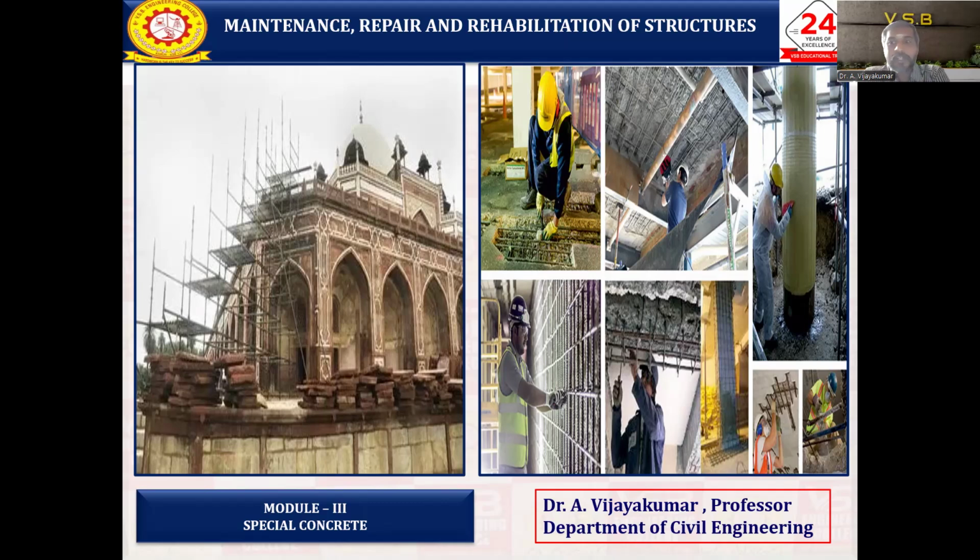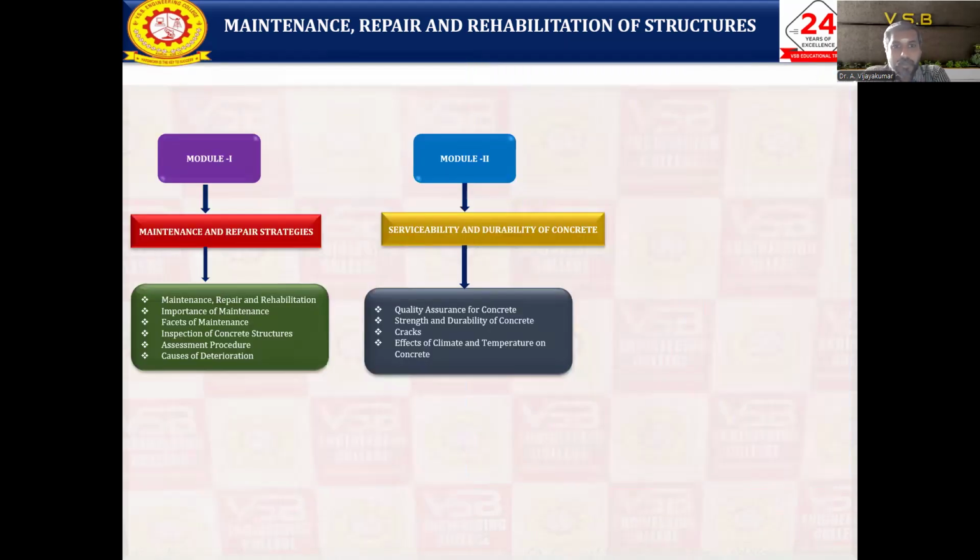Quick recap of what we have discussed in module 1 and module 2. In module 1, maintenance and repair strategies, we discussed the basic definitions of maintenance, repair and rehabilitation of structures, the importance and facts of maintenance, various inspections for concrete structures, assessment procedures to evaluate existing structures, and various causes of deterioration and how to secure the concrete.